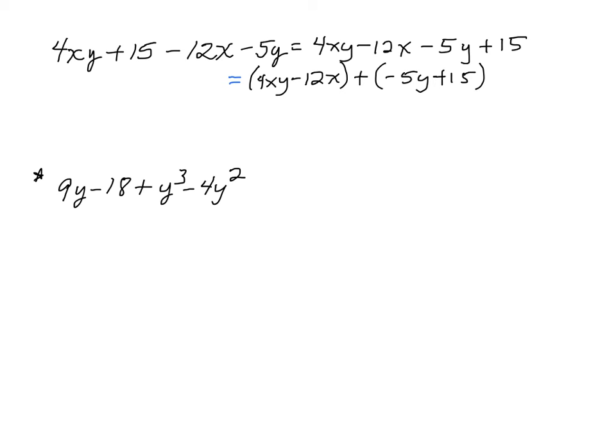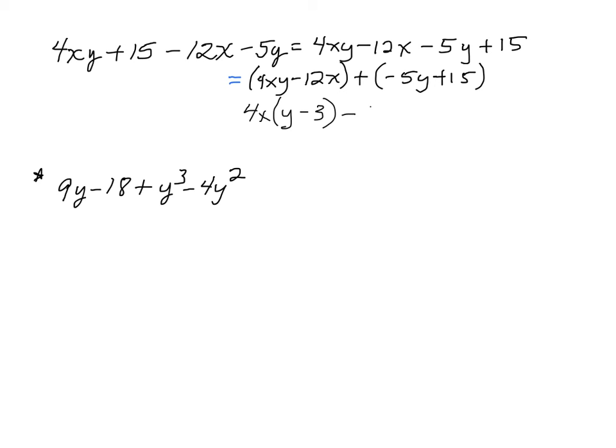Now let's see what we get. 4xy minus 12x have a 4x in common. Factor out the 4x, you have y minus 3. So I'm looking for a y minus 3 on the other side. If I factor out a 5, I'm not going to get a y minus 3. I'm going to get a negative y plus 3. I don't want that.